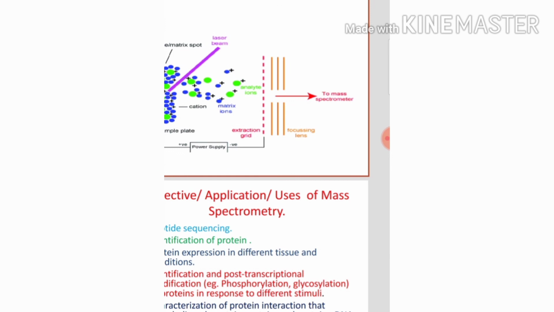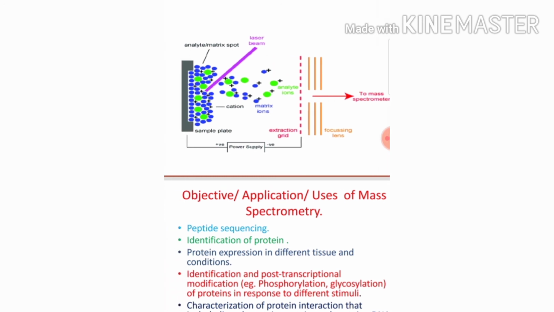You know, addition of phosphate, addition of glycosyl groups, addition of carbohydrate moieties, glucose unit, galactose unit, fructose unit, will change the property of the protein. So this is the main motto: to find whether the same polypeptide chain has different functions due to the presence of different groups.